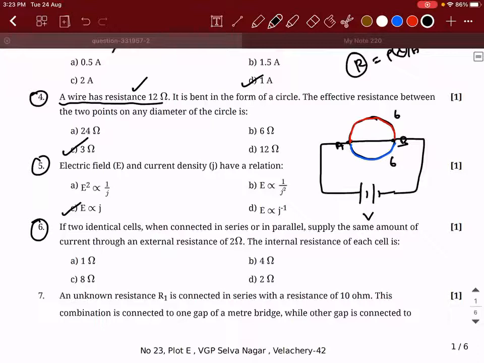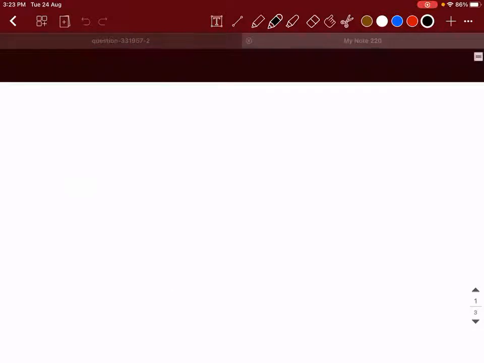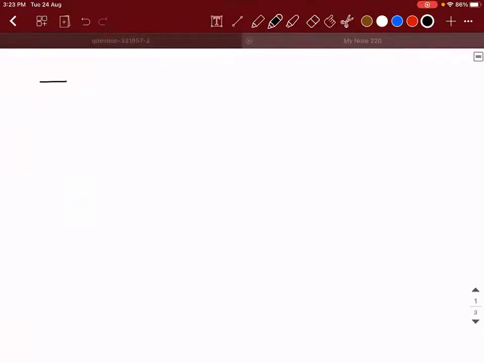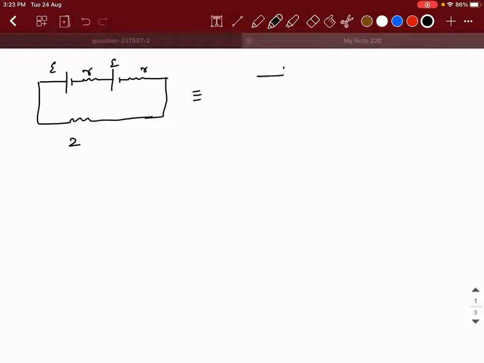If 2 cells are connected in series, then the equivalent EMF is E1 plus E2 and the equivalent internal resistance is R1 plus R2. They are identical, so E and E, R and R. So we get 2E and 2R. When they are connected in series like this across an external resistor of 2 ohm, this is equivalent to a circuit with capital R, 2R, and 2E.